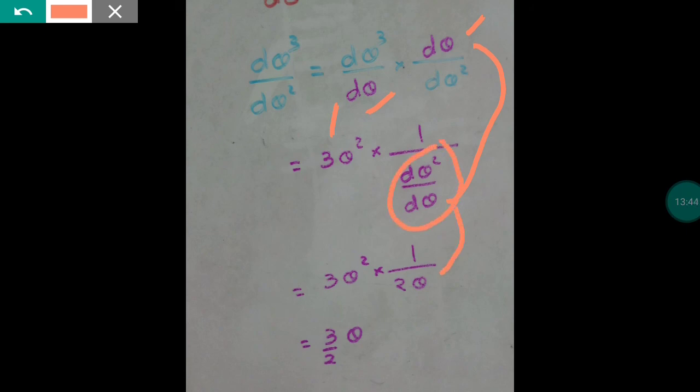What is it? It is 2 theta. Now going for the mutual cancellations and next steps, what you get is 3 by 2 theta. Now I advise you to do this with the other method also, taking the value of theta square as something, as you know how to do now. Got it?